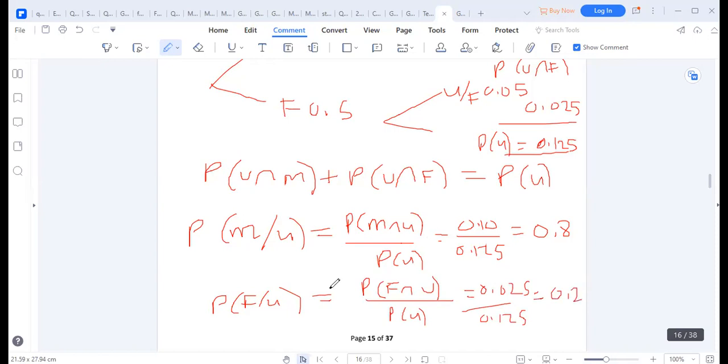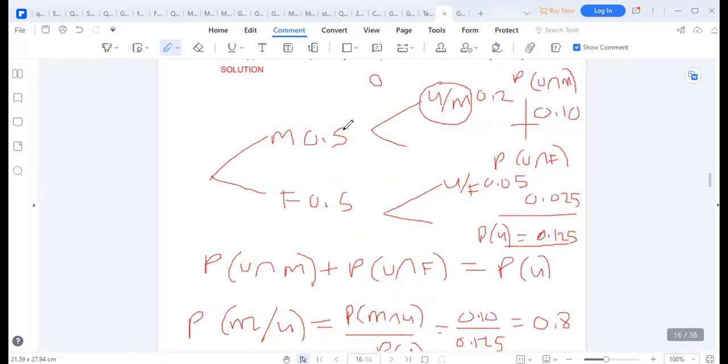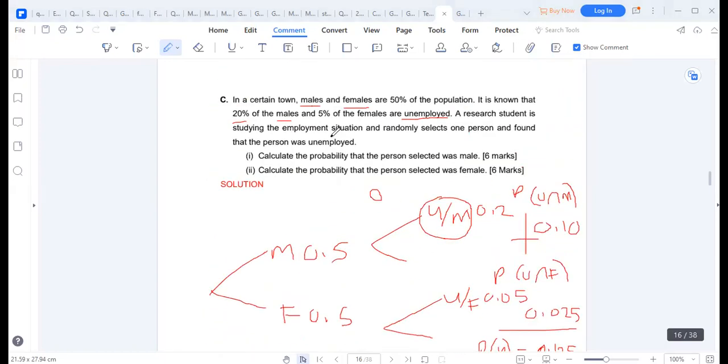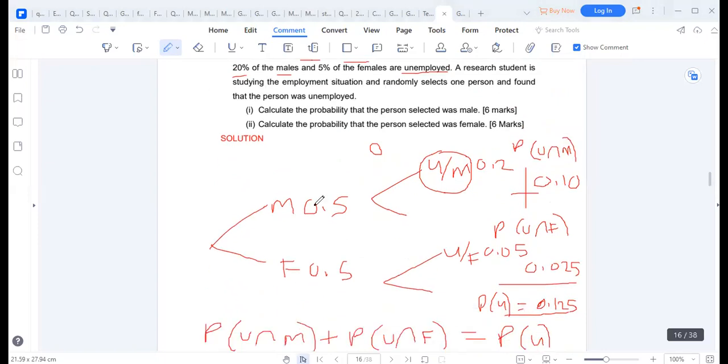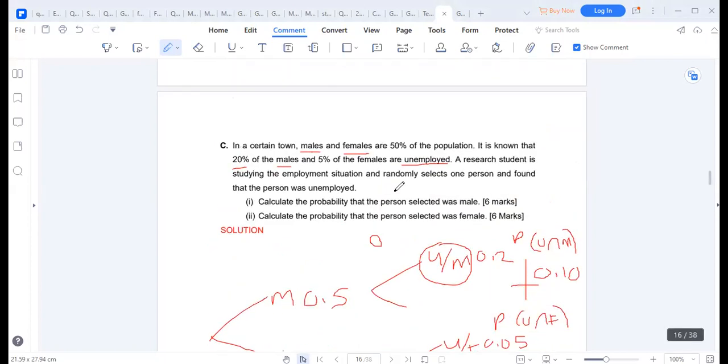Let me repeat this slowly again. So we are told in a certain city, 50% of the population were male and 50%, meaning 50% were female. So this must always add up to 100. And it is known that 20% of the males and 5% of the females are unemployed.